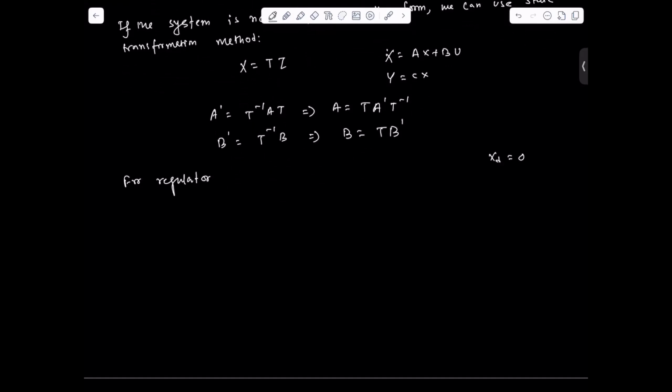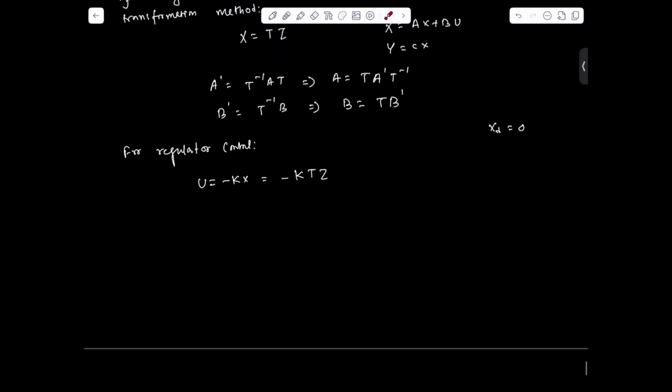For regulator control, we can write u equal to minus kx. In place of x, we can write minus k T z, right? Because our state has been changed to T z.